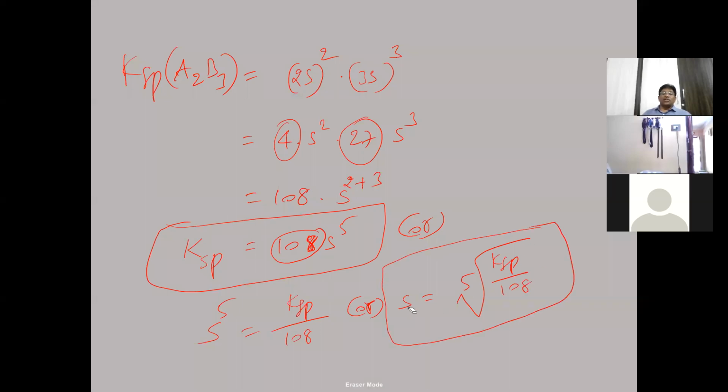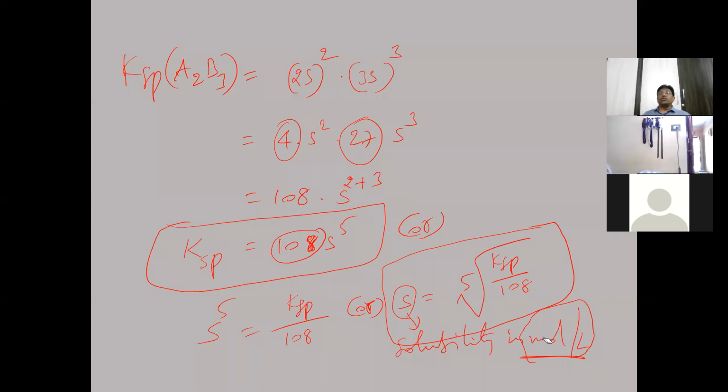S is called what? Solubility. We get the S value, solubility, in moles per liter. Sometimes the options will be in grams per liter. Suppose we got X moles per liter. How do we convert into grams?